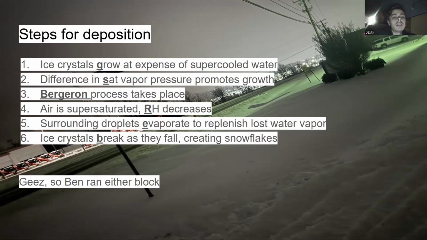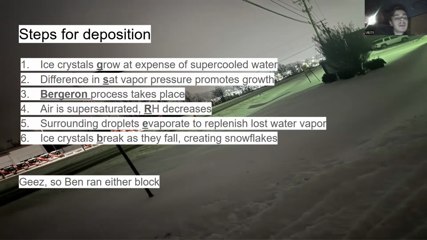Then the Bergeron process takes place; we'll talk more about that at the end of the video. Then the air becomes supersaturated and relative humidity decreases. The surrounding droplets then evaporate to replenish lost water vapor, and then ice crystals break as they fall, creating snowflakes.